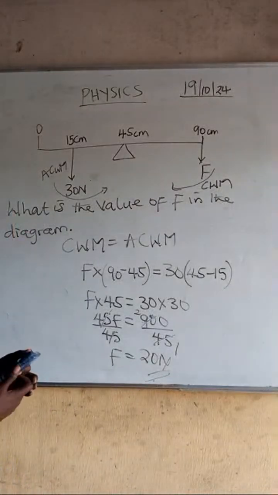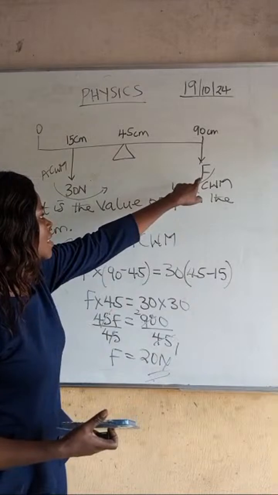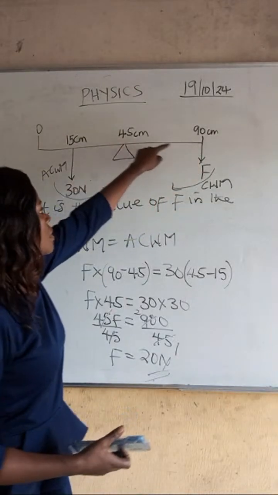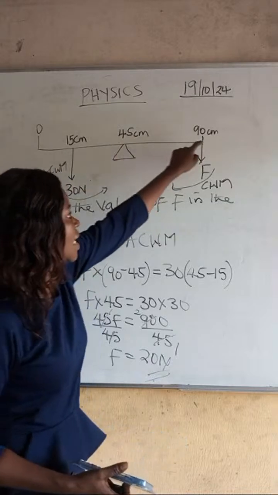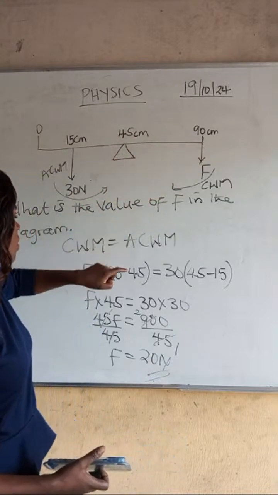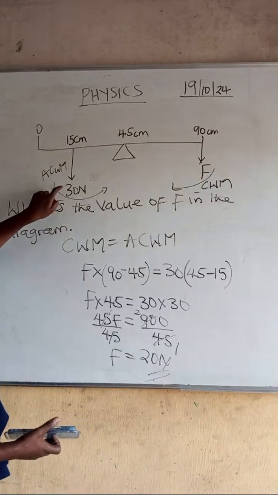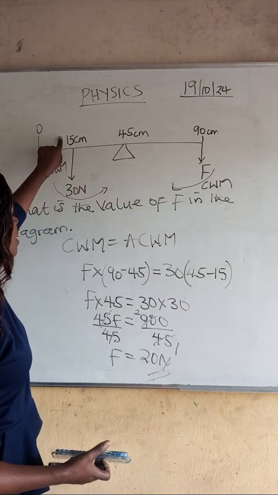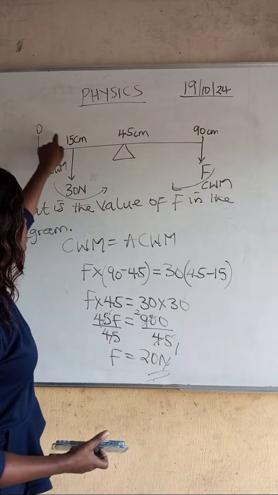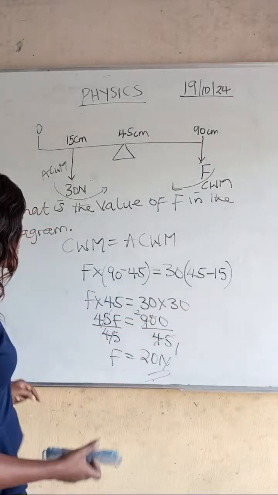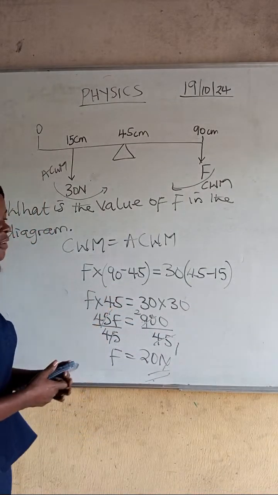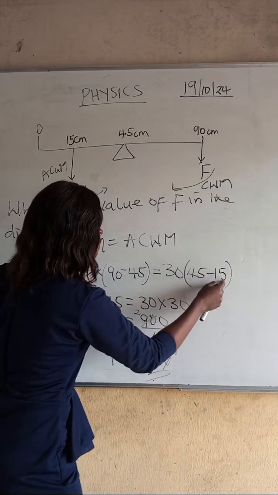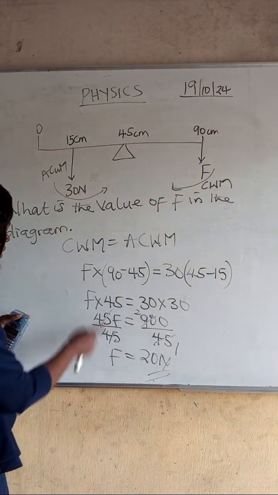Do you understand? So clockwise moment, that is from here to the center of the meter rule. The difference between this and this is 90 minus 45. Anti-clockwise moment, that is the force, which is 30 times the difference between this and this, that is 45 minus 15, which gives 45 when you subtract. You bring it down.